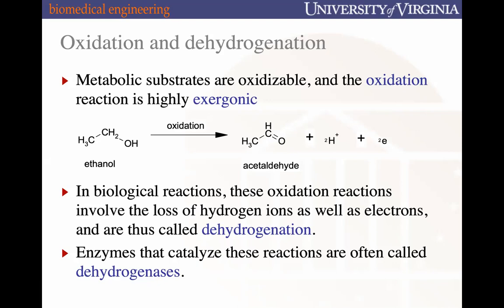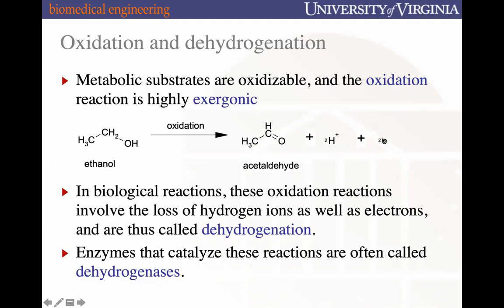It has a negative delta G, and that means these are going to be preferred pathways when they're chemically possible or available. As an example, ethanol undergoing oxidation becomes acetaldehyde and loses 2 protons in the form of hydrogen and 2 electrons.